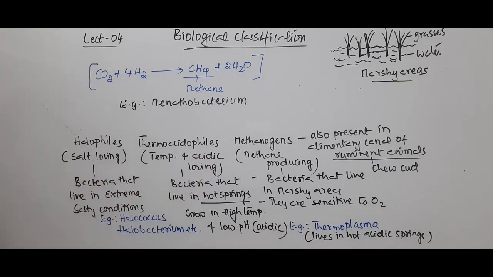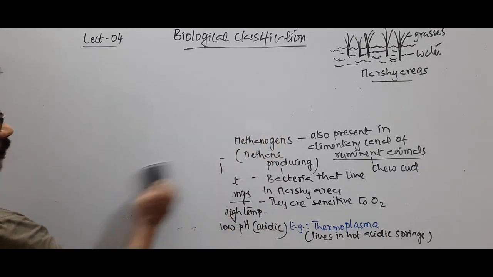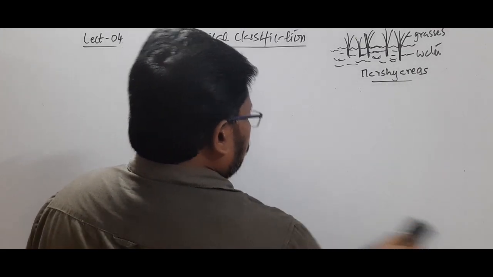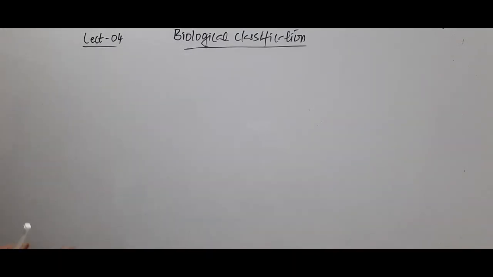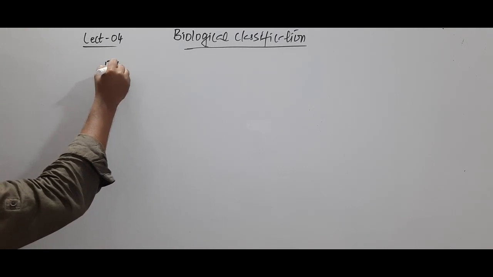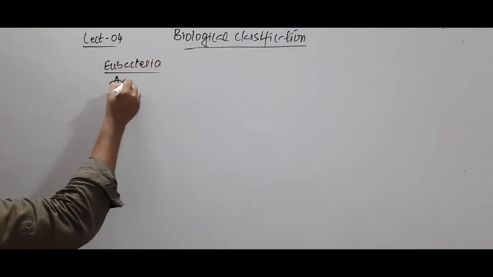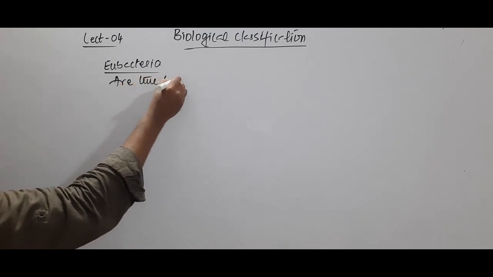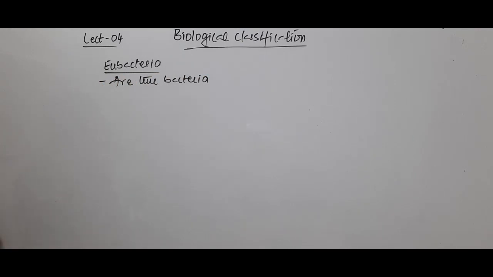Then let's see the next group, that is eubacteria. The eubacteria are true bacteria, and they have peptidoglycan in their cell walls.